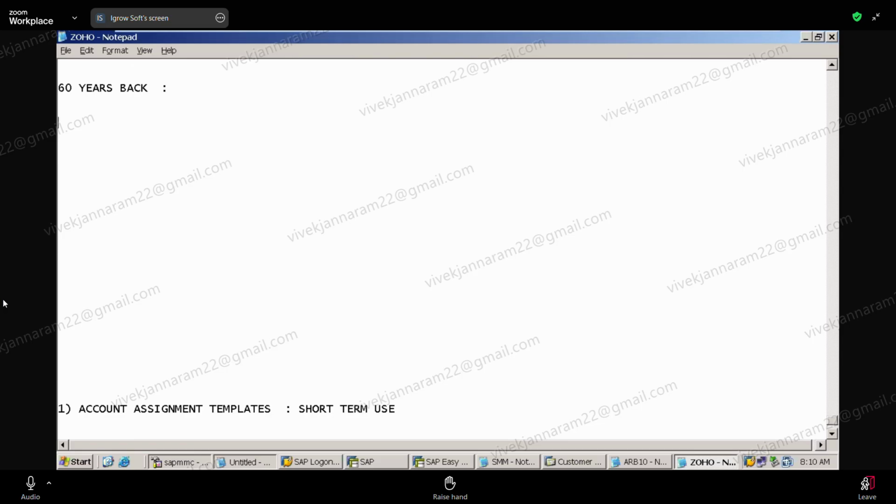Big businesses were there, and at that time also they were maintaining accounts. Now, was there any software at that time? Was SAP there in the 1860s? No. So then how did they maintain accounts? Manual bookkeeping. Correct.